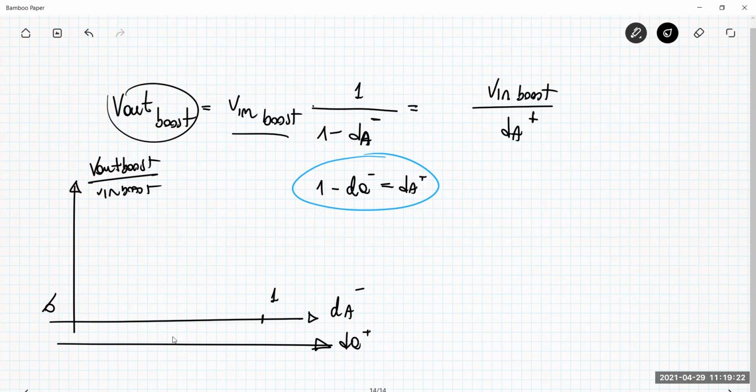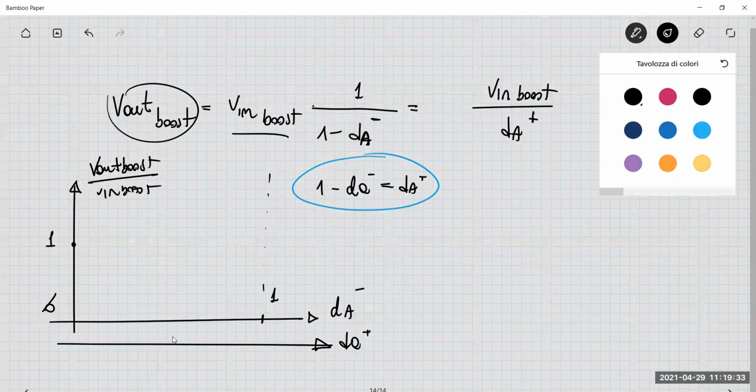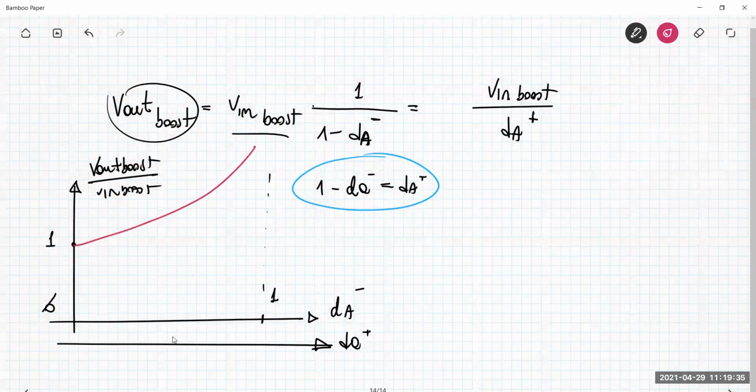When it is null, this transfer function is 1. When the duty cycle dA minus is 1, this goes to infinite. It's possible that when dA minus is 1, this asymptote goes to infinite.